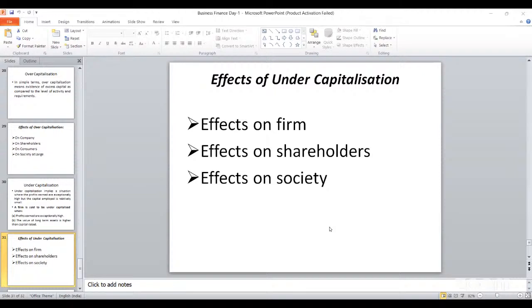Sometimes it may happen due to insufficiency of capital; more shares or debentures may be issued to the public. So this is also one of the remedies to avoid undercapitalization. With this we have completed our block one.